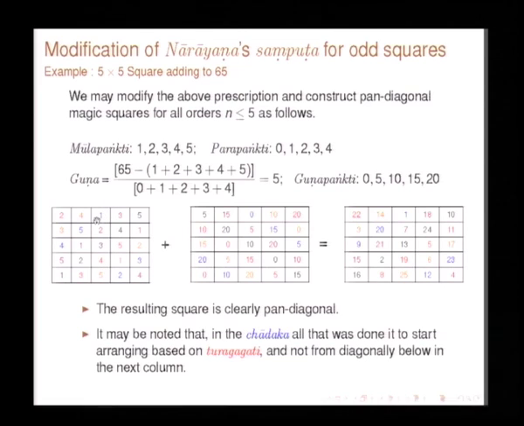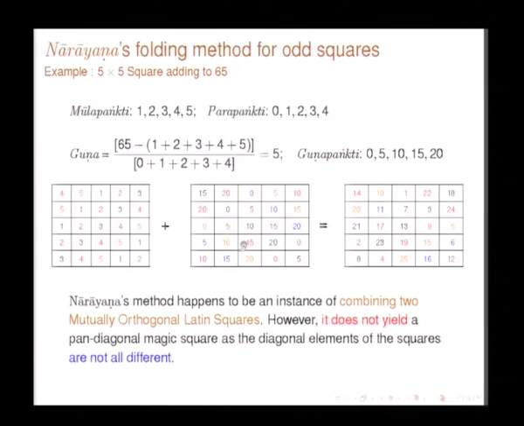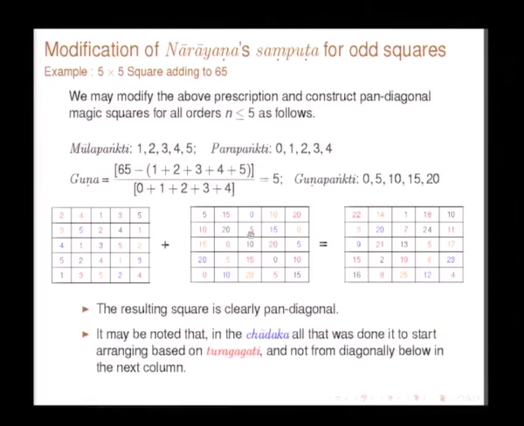See, this Mula Pankti has to be arranged in the same manner, but here when you arrange this Chadaka to obtain this Chadaka square, what you do is you start with this, but then you just see the reason that we have here is, see, all the diagonal elements are the same, and so all that has to be done is to slightly shift it. See, it is a sort of Turaga Gati you start. So, and then place here 0.